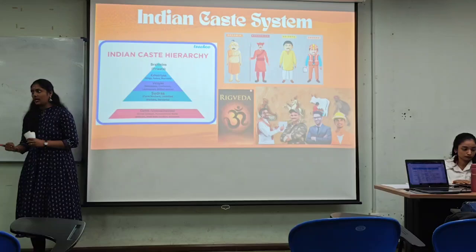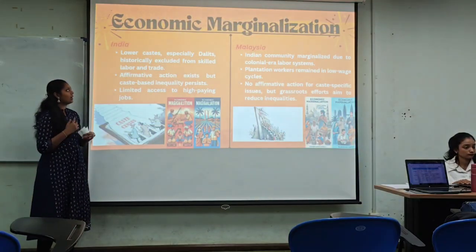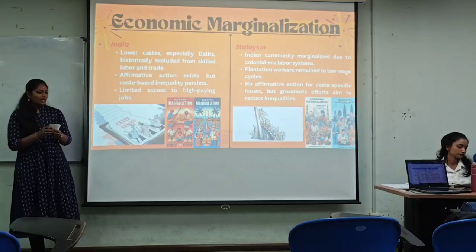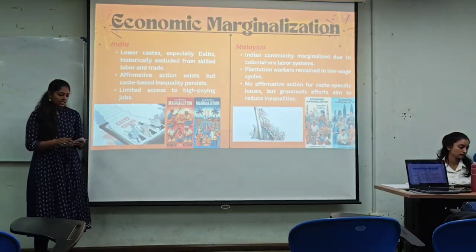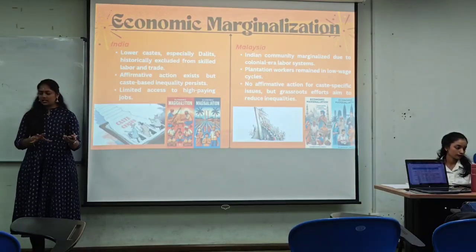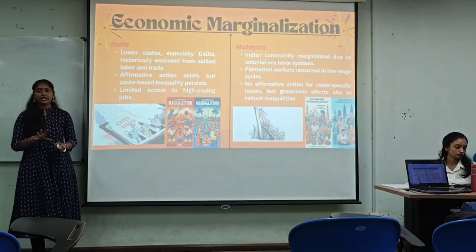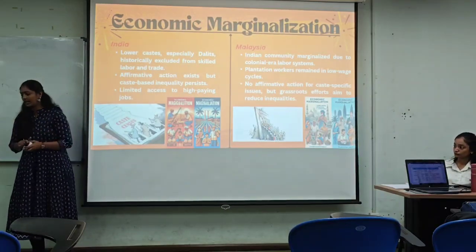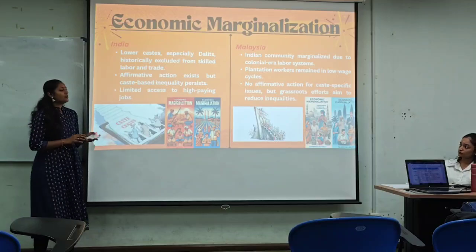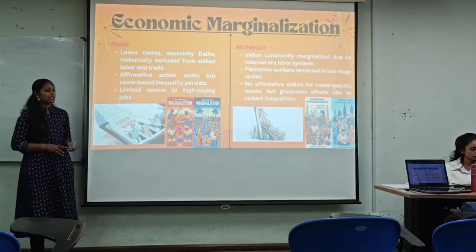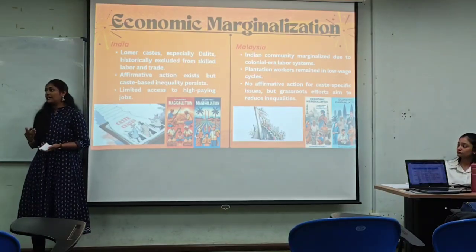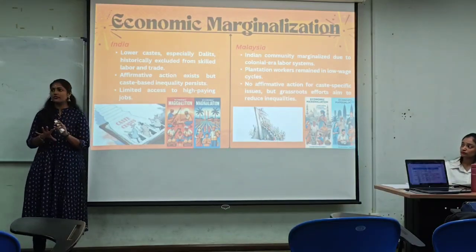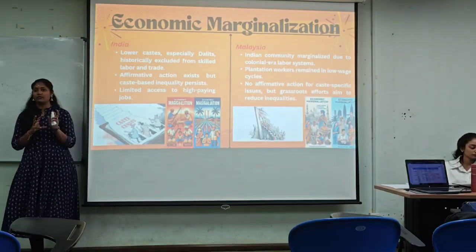So the first difference is economic marginalization. This economic marginalization is evident in both Malaysia and India, but the severity differs between the two countries. In India, the lower castes, especially the untouchables, have historically been excluded from skilled labor and trade.